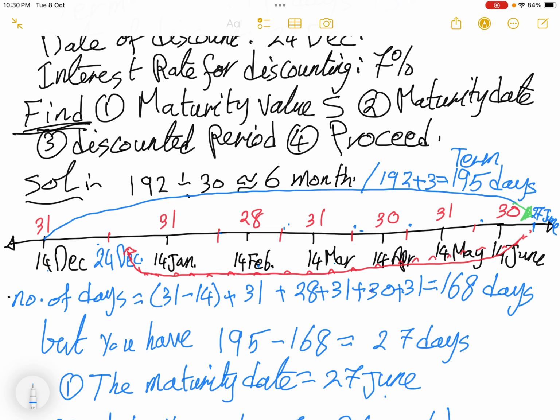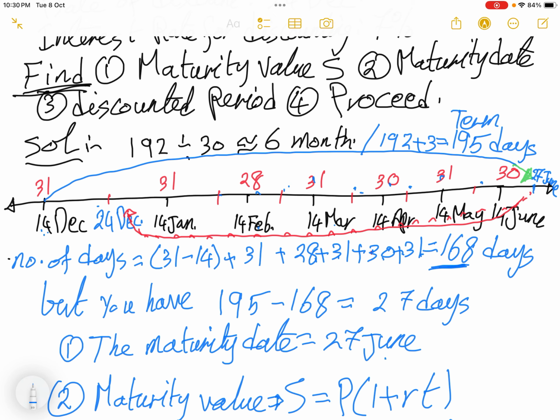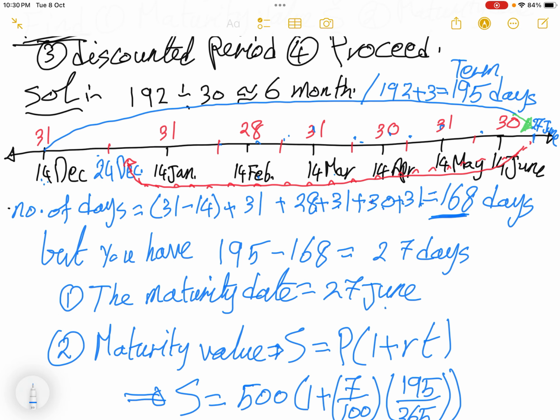Number of days, 31 minus 14 plus 31 plus 28 plus 31 plus 30 plus 31. Here you will have 168 days. But you have 195 since I add 3, minus 168, which is 27 of June. The maturity date is 27 of June.